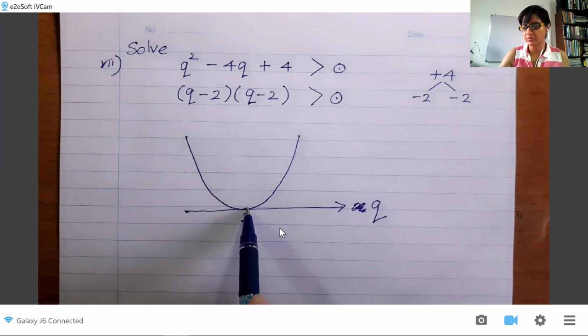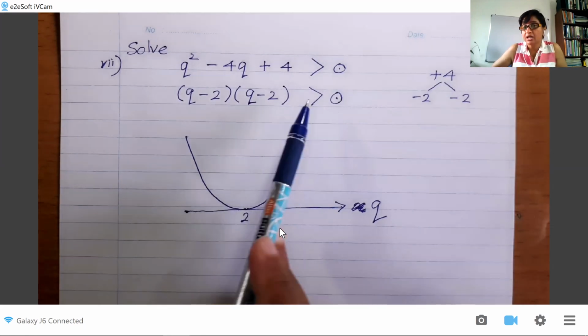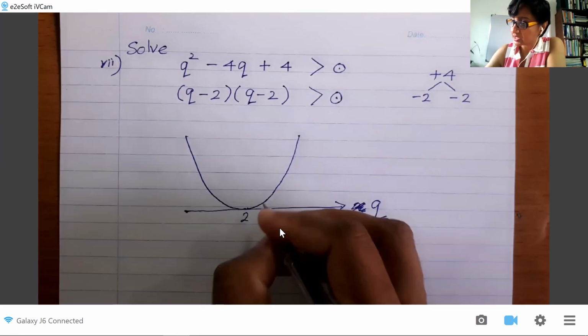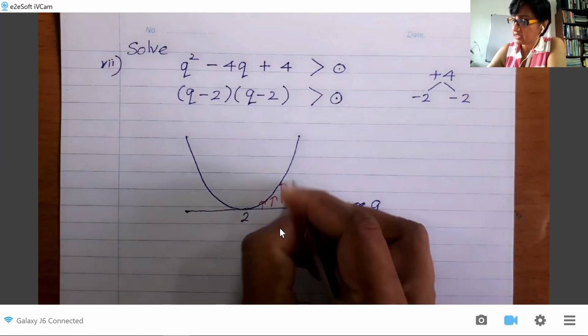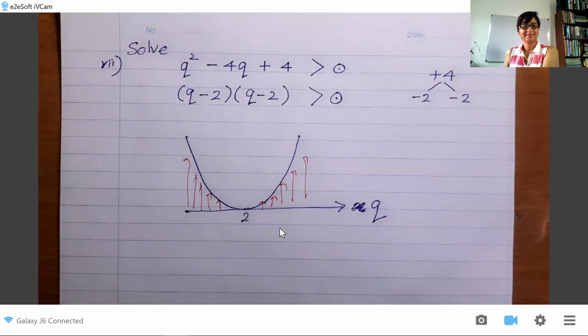That's the only point where it is 0. I want to see where it is greater than 0, where it is above the q-axis. It's above the q-axis for all these q values. What are those q values? Everything except 2.